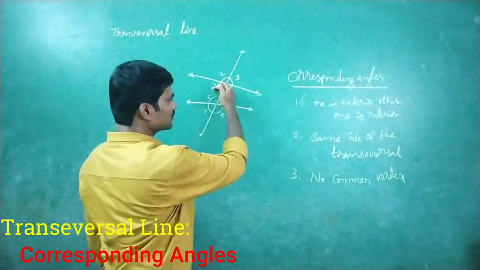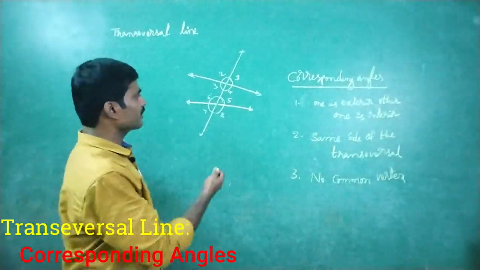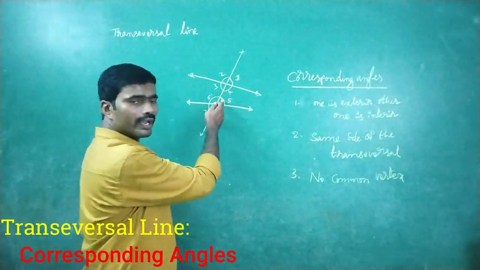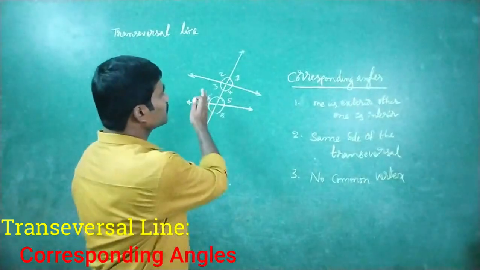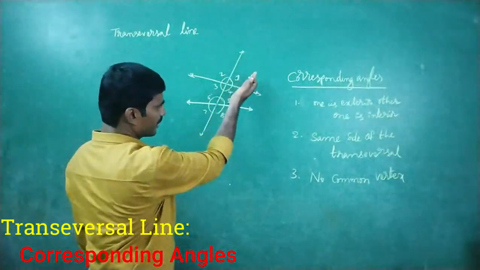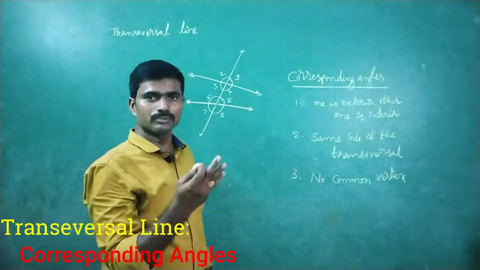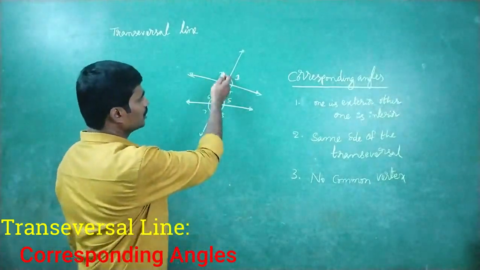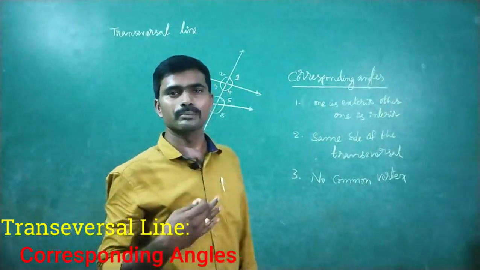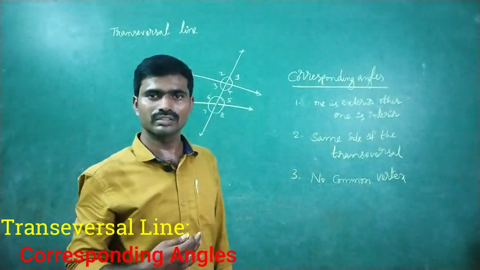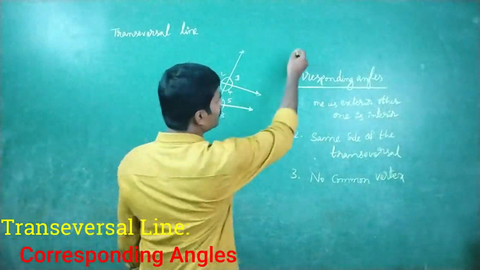Angles between these two lines are called interior angles. They are angle 3, angle 4, angle 5 and angle 6. Here, on the same side of the transversal, on this right side, angles 1, 4, 5, 8 are on the same side. On the other side, angle 2, angle 3, angle 6, angle 7 are on the same side of the transversal.